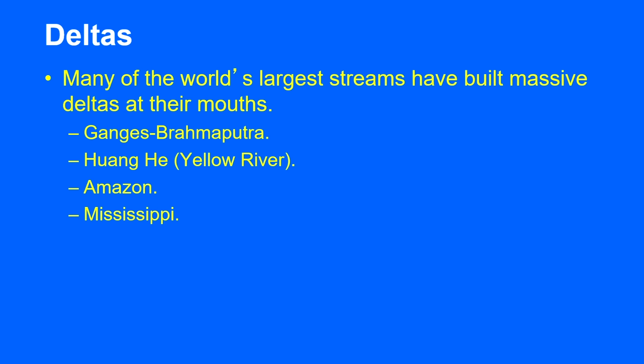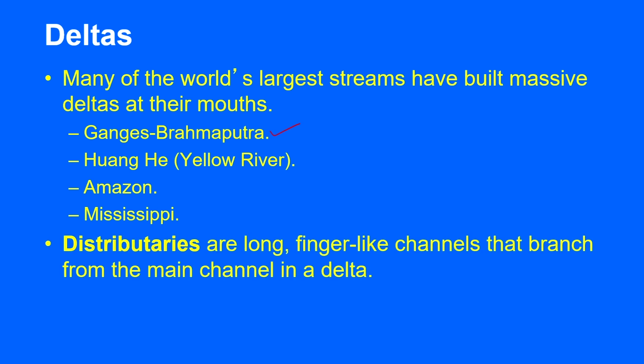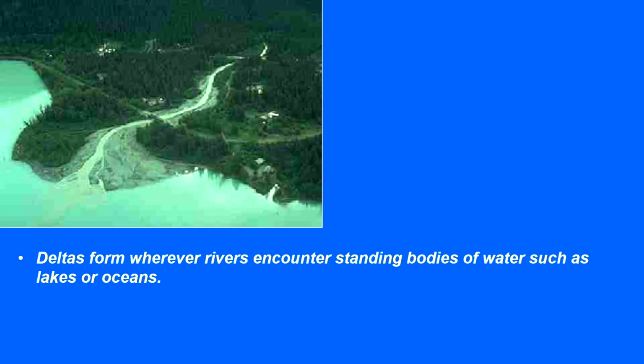Now one of the best examples we have is the Ganga Brahmaputra delta in India, and that is one of the largest, okay. This is an example of a stream getting into a water body and depositing a delta.